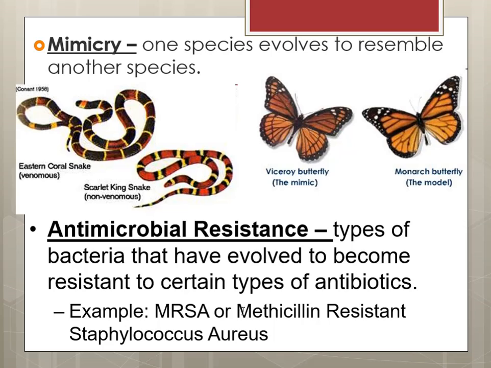Methicillin is a type of antibiotic, so MRSA is methicillin-resistant Staphylococcus aureus. Now, Staph aureus is a type of bacteria that naturally occurs on the human body. Most of the time it's not dangerous, but when it's allowed to proliferate and basically reproduce unchecked, it can cause some severe infections.